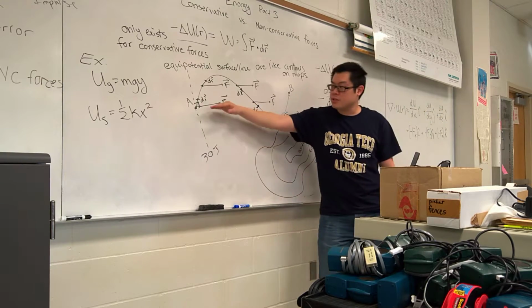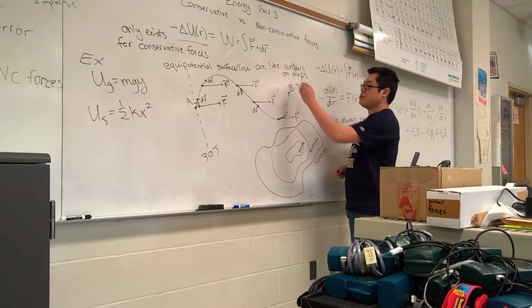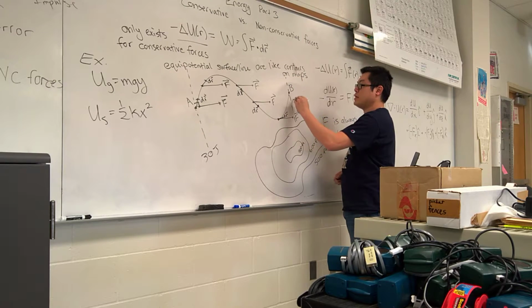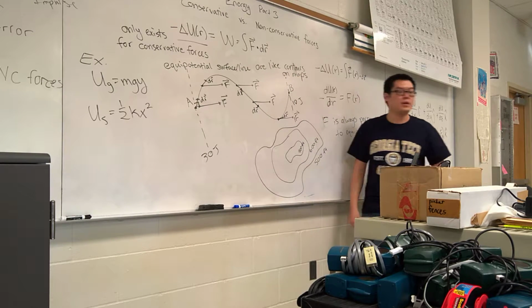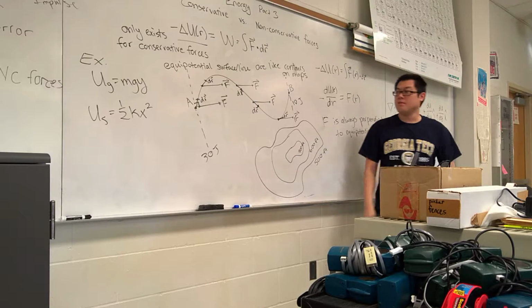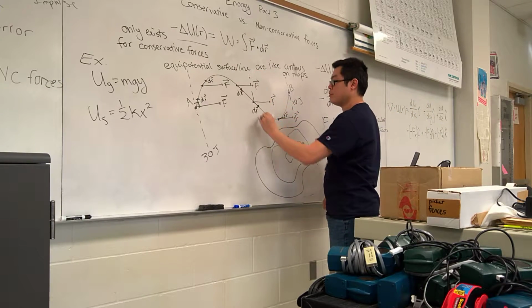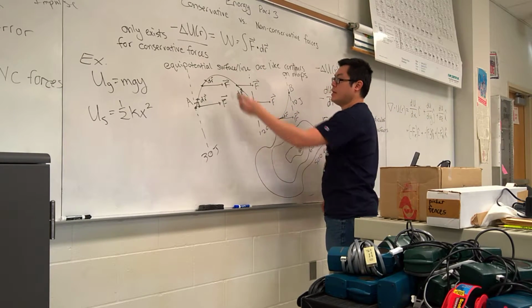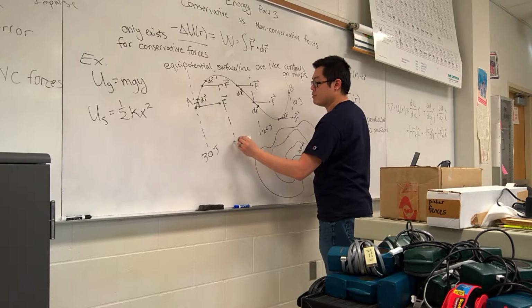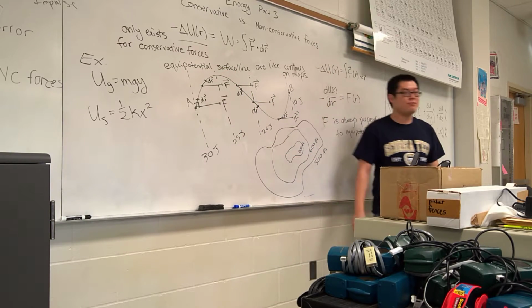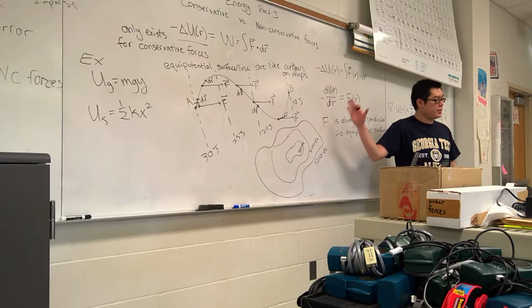So if my force is this way, this might be a line where it's at 10 joules. And you can have everything in between. Maybe it's an equal potential line here of 20 joules, and then an equal potential line here of like 25 joules or something like that. You have decreasing potential energy this way.